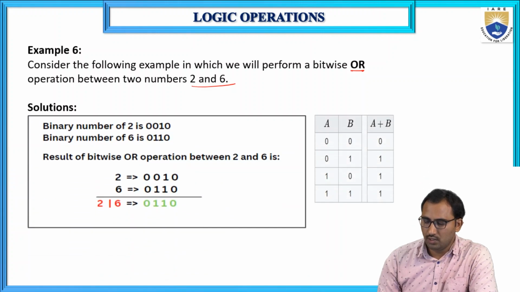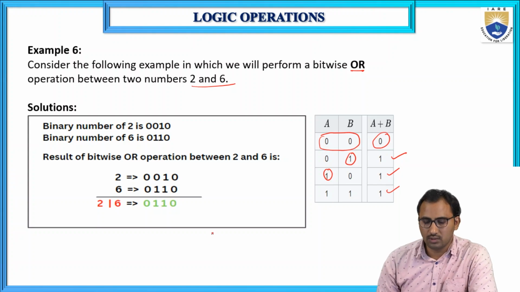Looking at the OR truth table, if any one of the inputs is logic high, then the output will be 1. Output will be 0 only if both the inputs are zeros. Using these rules, we can perform this OR operation.